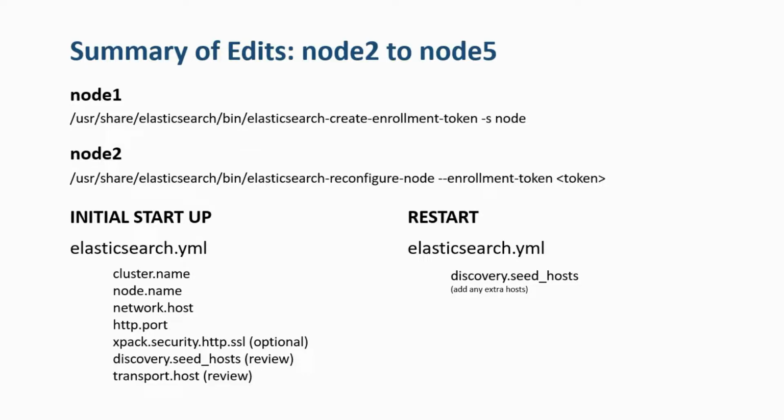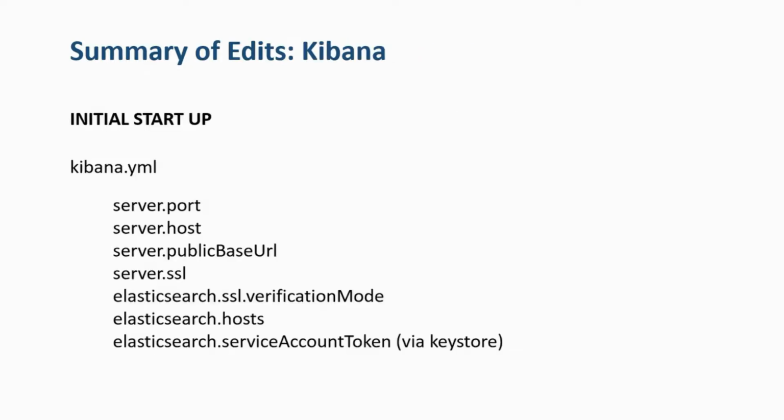Then on nodes 2, 3, 4, and 5, we edited the cluster name, node name, network host, HTTP port, and we also used our own Let's Encrypt SSL. We also made sure that the discovery seed host and transport host looked correct. Once the whole cluster was up, we revisited the Elasticsearch YAML file, and we took a look again at the discovery.seed_hosts field to make sure it had all the hosts we wanted.